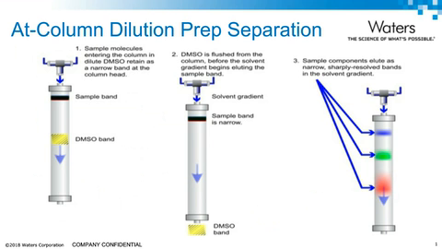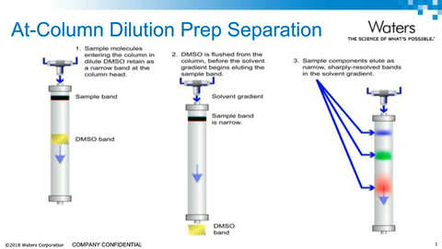When the sample molecules are deposited on the head of the column in at-column dilution, the DMSO immediately starts moving down the column, leaving the sample as a tight band at the head of the column. Those sample molecules will not begin moving down the column until, in most cases, the DMSO has already been removed from the column bed.